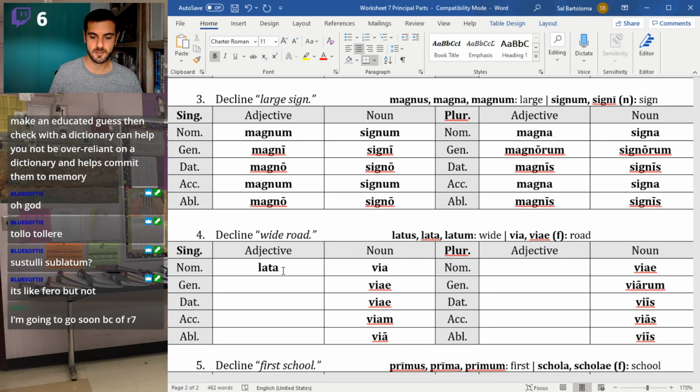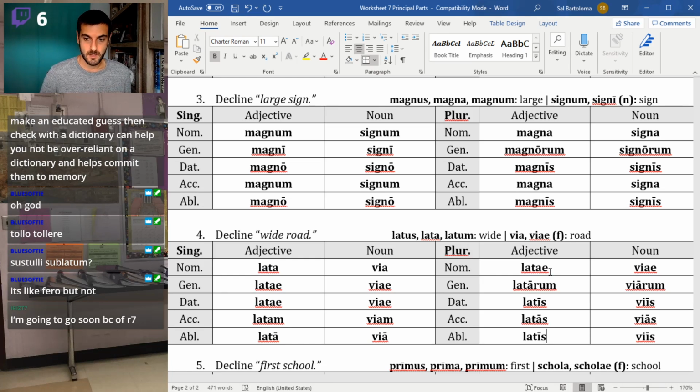Lata is first declension. Lata, latae, latae, latam, lata, latae, latarum, latis, latas, latis. Okay. First declension noun, first declension adjective, everything works out. Easy money.